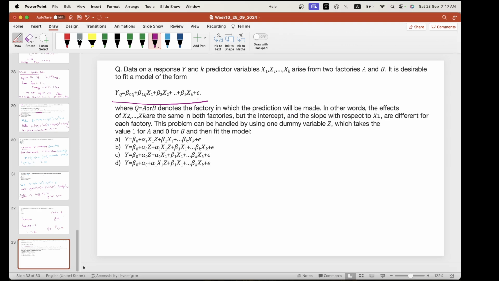In other words, the effects of x2 to xk are the same in both factories, but the intercept and slope with respect to x1 are different for each factory. The problem can be handled by using one dummy variable which takes the value 1 for A, 0 for B, and then fit the model, which one.